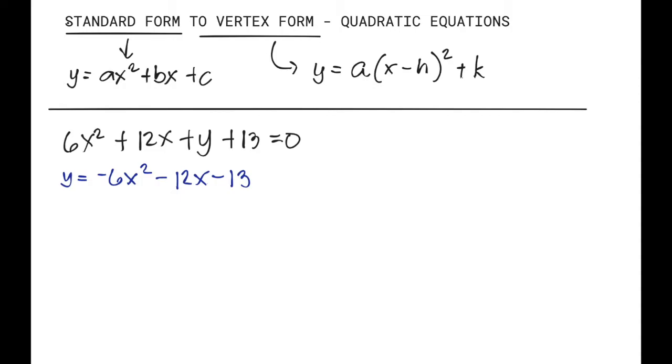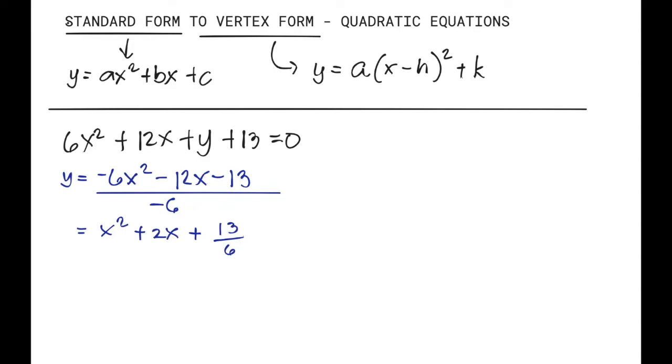So we are going to use the steps in completing the square, because x squared has a numerical coefficient of negative 6. We're going to divide by negative 6. Then we get x squared plus 2x plus 13 over 6. It's a fraction, I know.